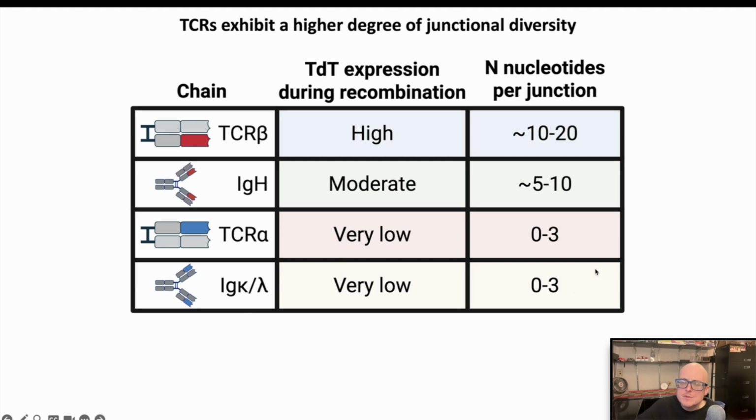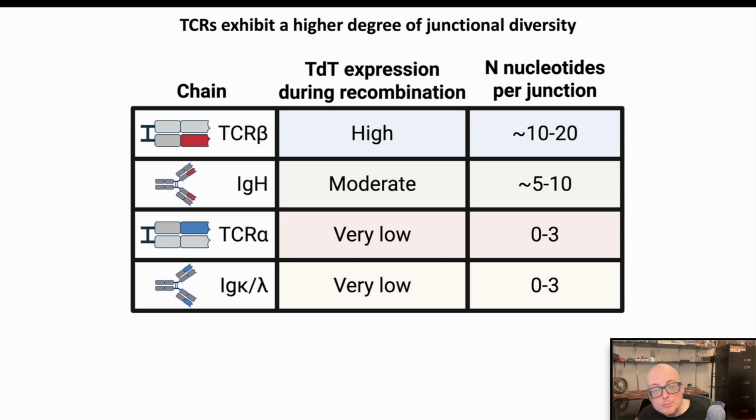For that reason, we end up adding very few N nucleotides to these two chains. And so junctional diversity is relatively limited in the TCR alpha and immunoglobulin light chain loci. All of that extra diversity that gets added is incorporated to a high degree in the TCR beta chain and then to a moderate degree in the immunoglobulin heavy chain.